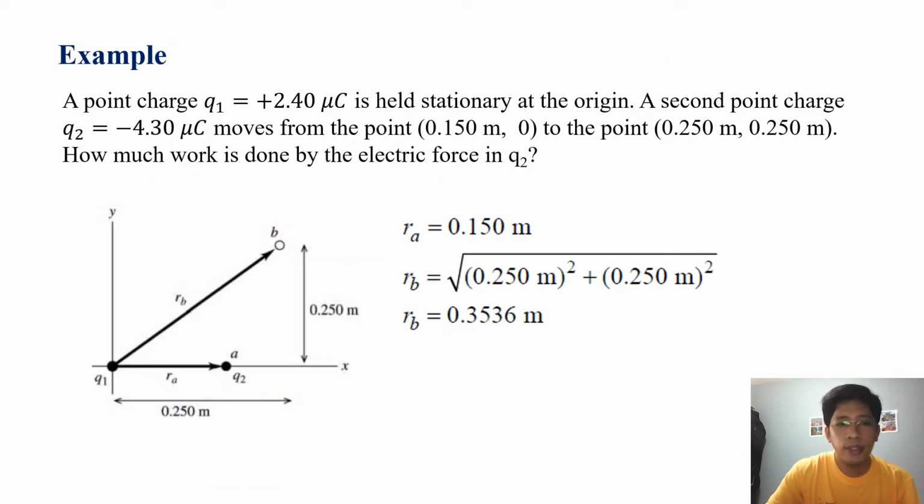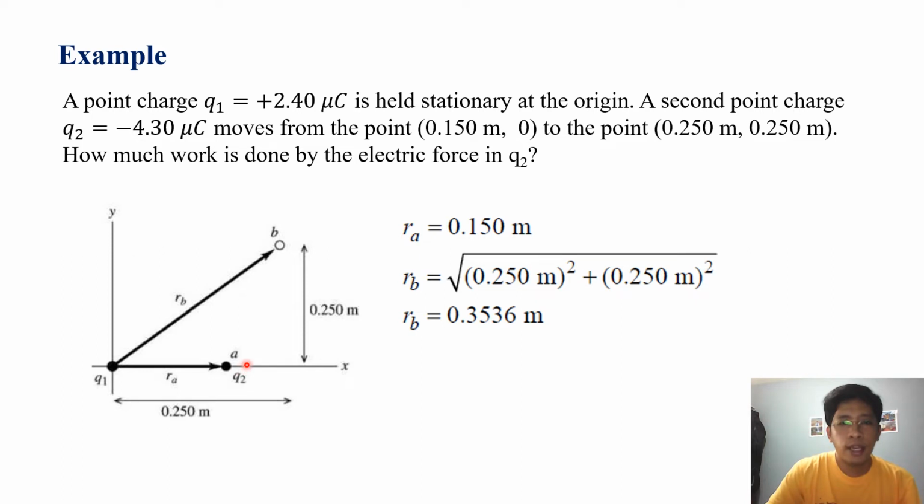Let's have an example. A point charge Q1 of charge plus 2.40 microcoulombs is held stationary at the origin. So you have your point charge here, Q1, stationary at the origin, and a second point charge Q2, negative 4.30 microcoulombs, moves from 0.150 meters x, 0 y. So initially it's from here, on the x-axis, 0.150 meters from Q1.